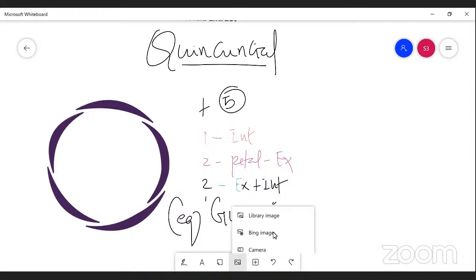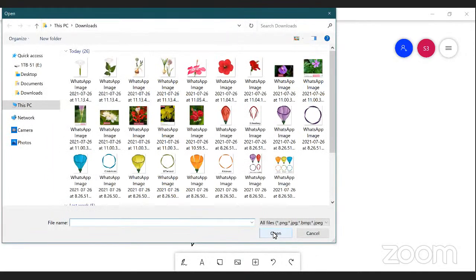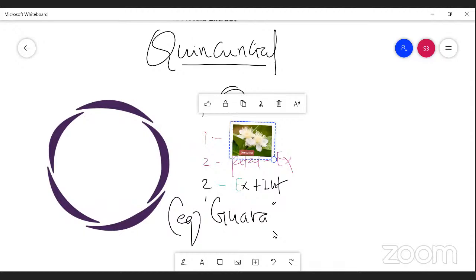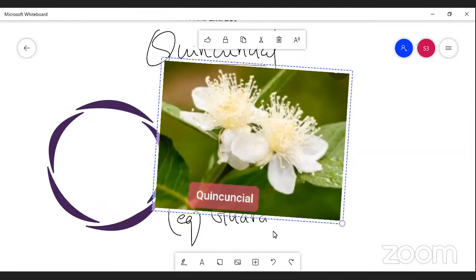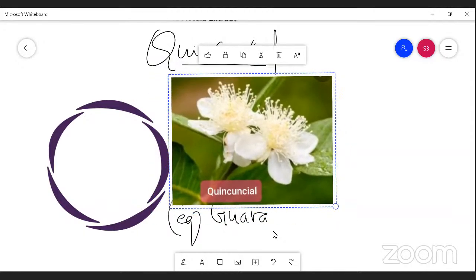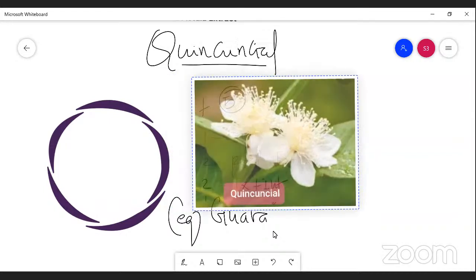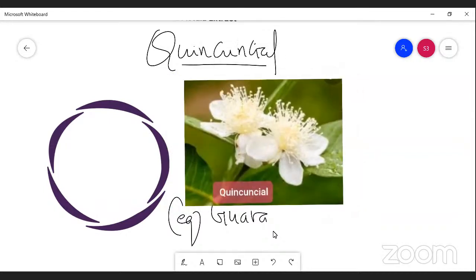I'm going to show you the picture so that you can understand clearly, right? Here, my dear students, in this flower the floral parts are arranged in this manner. Please understand. If you take Psidium guava, the quincuncial type, there will be 5 petals.